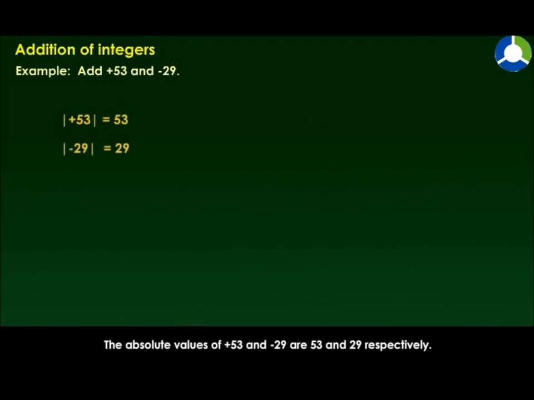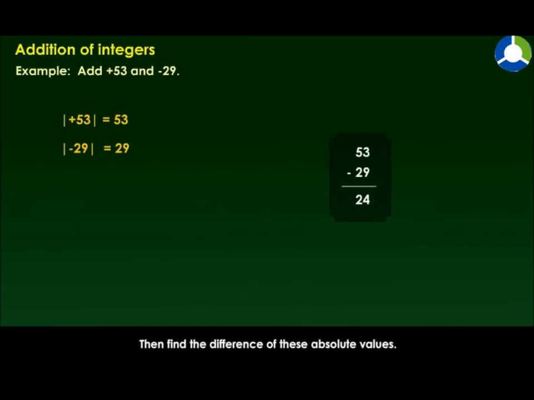The absolute values of positive 53 and negative 29 are 53 and 29 respectively. Then find the difference of these absolute values. Therefore, their difference equals 53 minus 29 equals 24.